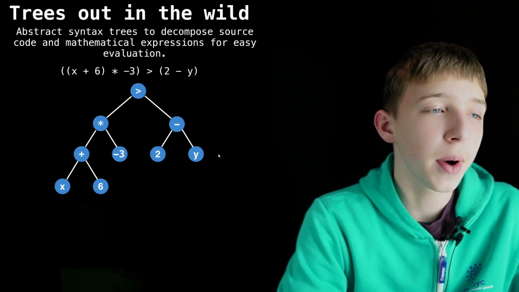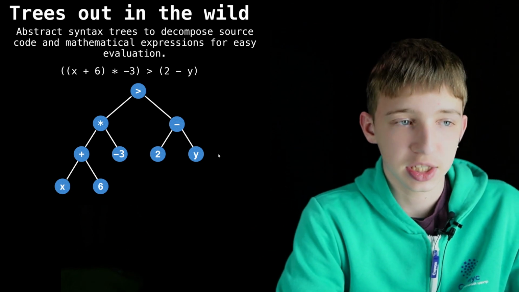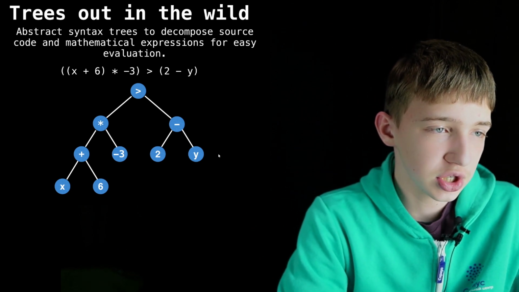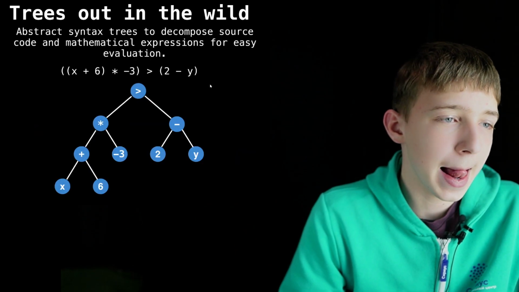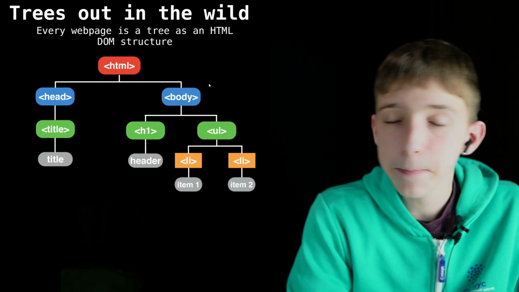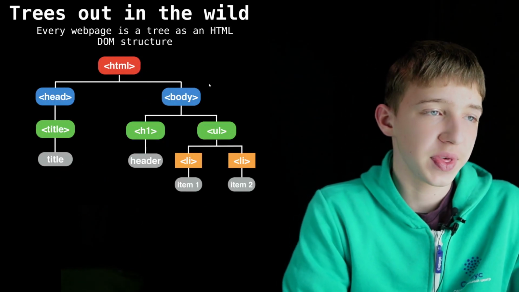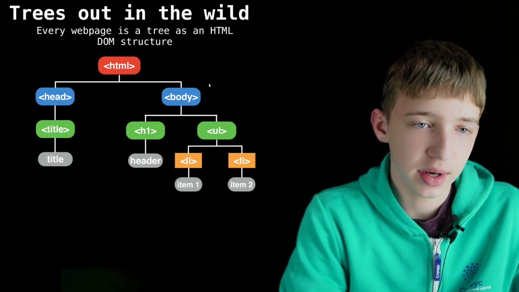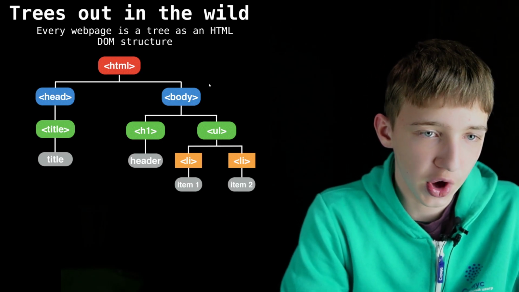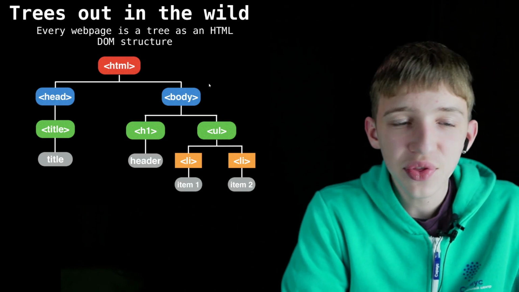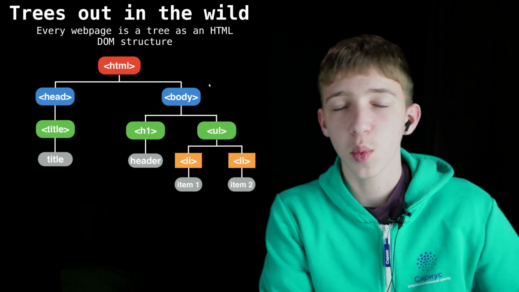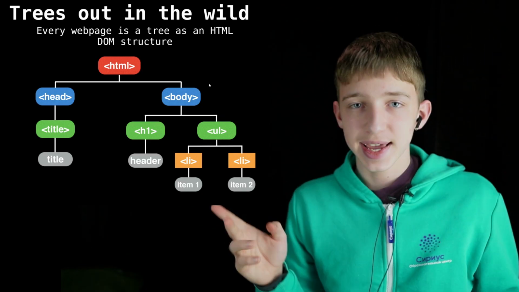In this way, we're decomposing source code and mathematical expressions into a tree for easy evaluation. And also, every web page we visit on the internet can be thought of as a tree.